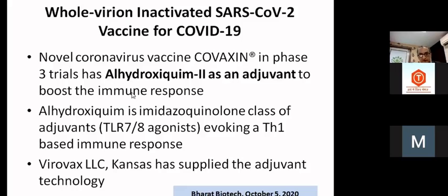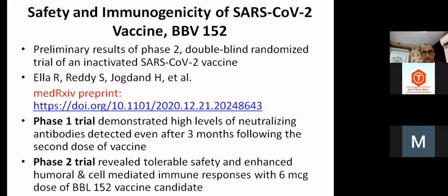Here they have changed the adjuvant. They got this technology from a Kansas-based company, and they have shown that it evokes a very good Th1 response. So there is a theoretical proposition that this will work against mutant strains also, because this is not directed against a particular spike protein or NS1 antigen or any other specific epitope of the virus.